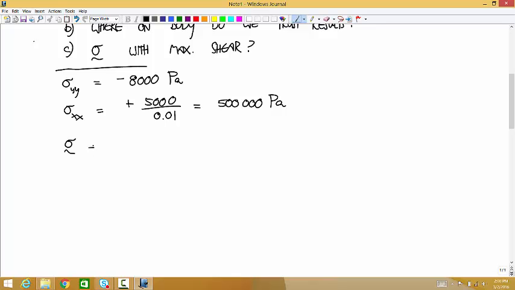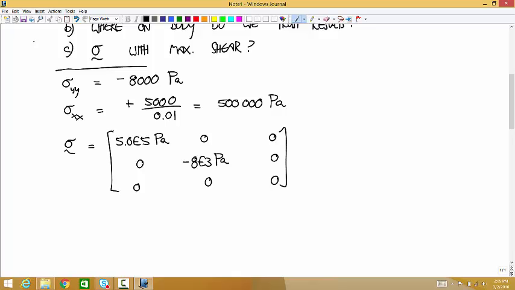And so the stress tensor is, well, let's see, 5 times 10 to the 5, 0, 0, 0, negative 8 times 10 to the 3, and then zeros.